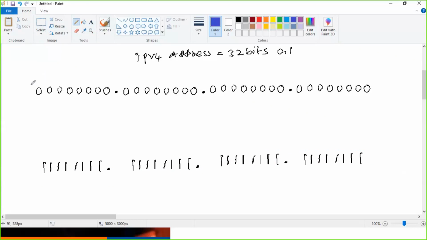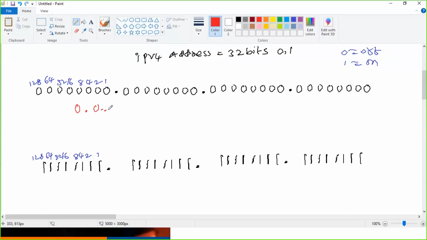So we know the first bit value: 128, 64, 32, 16, 8, 4, 2, 1. Here also 128, 64, 32, 16, 8, 4, 2, 1. Same for the second octet, third octet, fourth octet. 0 indicates what? Off. 1 indicates? On. Here all are off bits, so it is 0. Dot. Second octet? 0.